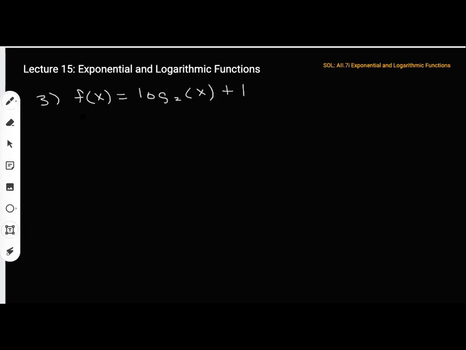The parent function is going to be y equals log base b of x. That's called the logarithmic function. That's what I would say is the simplest type of logarithm, where you just have a base and you have your x. Now in this case, our base is going to be 2. So b is equal to 2.